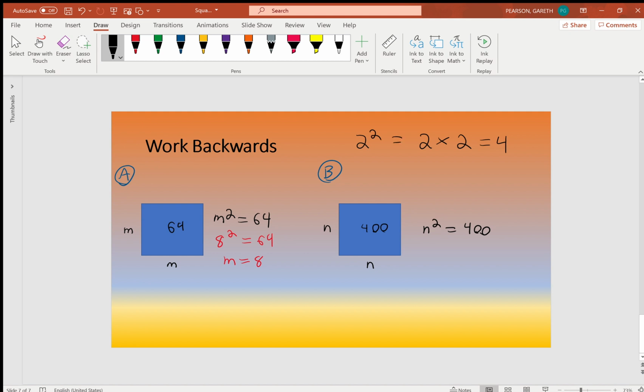Well, how about instead of 2 squared, let's say I do 20 times 20. 20 times 20 is 400. Oh, look at that. So 20 squared equals 400. The n in this case is 20. Each one of these lengths, each one of the n's is 20. There, that's your final answer.